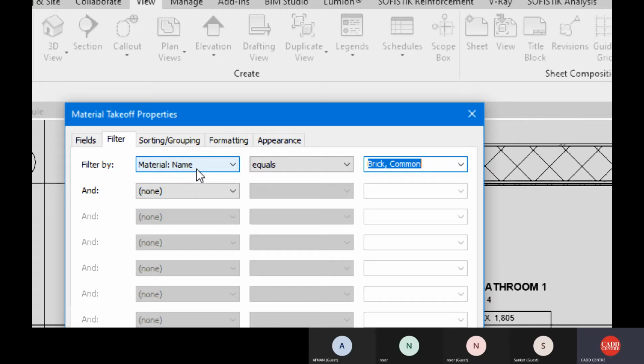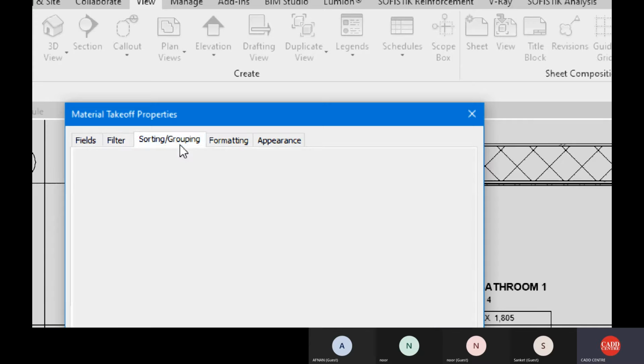Every part's material would be extracted basically. Now, if I choose filter by name equal to bricks, it will now only take off the information of bricks only. It will not take off the information of any other material parts basically.